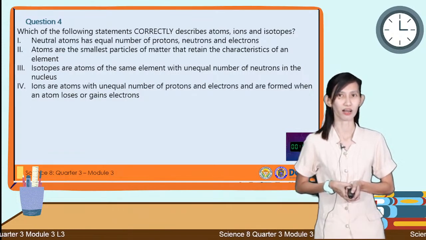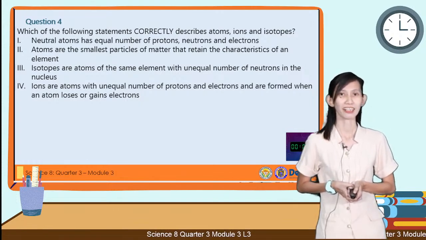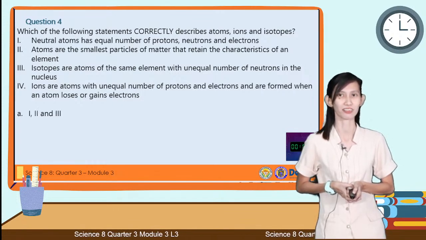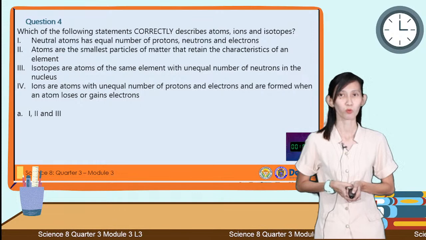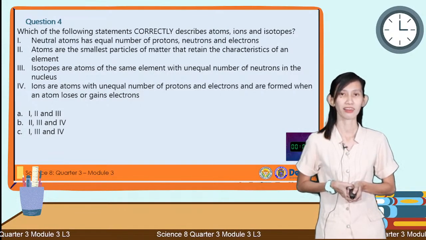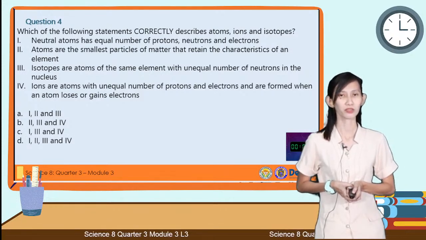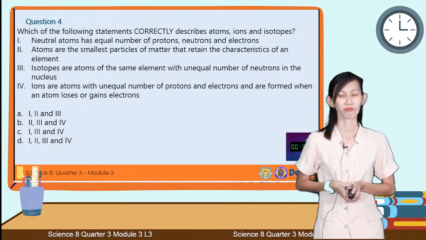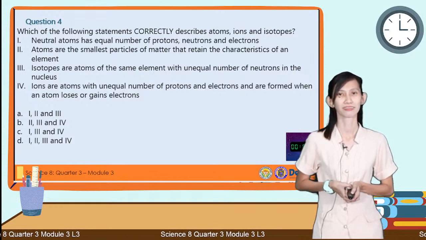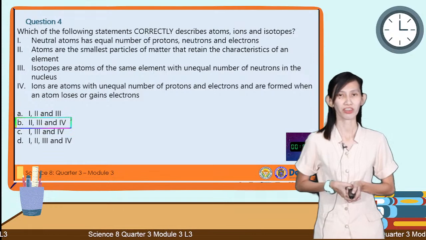Ions are atoms with an equal number of protons and electrons and are formed when an atom loses or gains electrons. Letter A, 1, 2, and 3. Letter B, 2, 3, and 4. Letter C, 1, 3, and 4. Or letter D, 1, 2, 3, and 4. The answer is B, 2, 3, and 4.